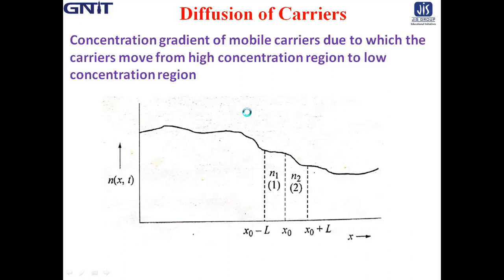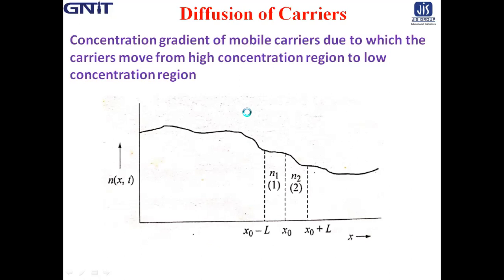As in drift motion, in diffusion also the carriers undergo collisions with various scattering centers due to their random motion. Let the mean free path be L and the mean collision time, say, tau.